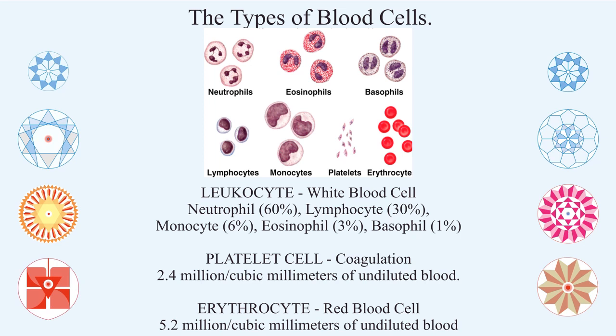Next, platelet counts, which are responsible for coagulation or stopping the bleeding, will be 2.4 million per cubic millimeter of undiluted blood, whereas leukocytes, I would put around 6,000 to be the perfect value. The third type of cells are red blood cells. I would put 5.2 million per cubic millimeter of undiluted blood.